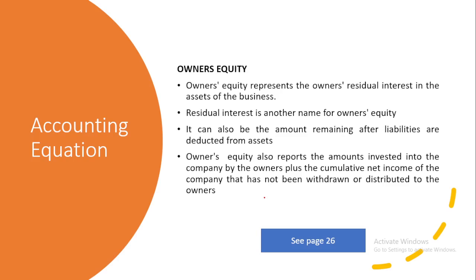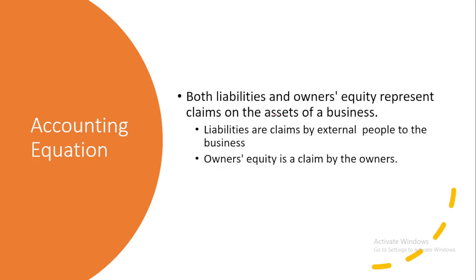So here it says that under the accounting equation, both liabilities and owner's equity represent the claims on the assets of the business. Liabilities are claims by external people on the business, and owner's equity is the claim of the owners. Whatever assets the company owns, someone has an interest or claim on them depending on who contributed. If you first contributed through equity capital only, where you contributed your money from your personal account to start the business, it means you have more claim on the assets of the business than any other person.